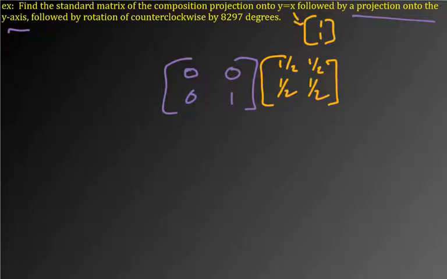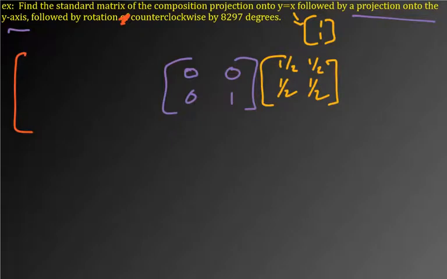And then I say follow this up by a rotation. I have a typo, my gosh. Counterclockwise by 8,297 degrees, because why not? So here we have a cosine, negative sine, sine, cosine matrix, and the negative up here would be the counterclockwise rotation one.